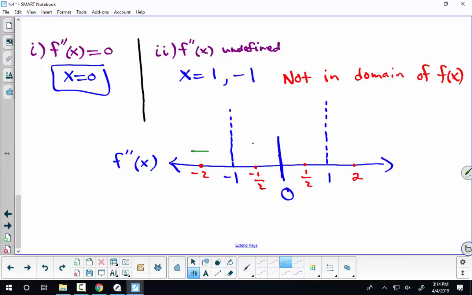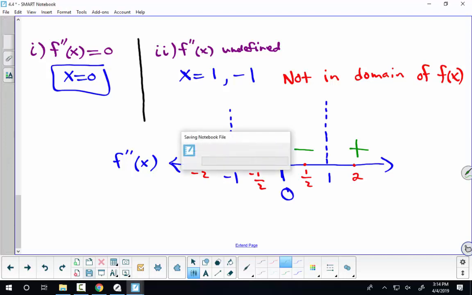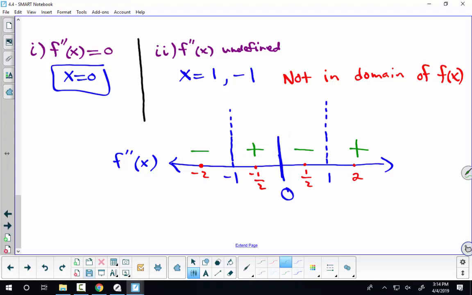So that's a time-saving thing here, but the second derivative is negative, then positive, then negative, and then positive. So that's going to tell us our intervals of concavity and if we have any inflection points.